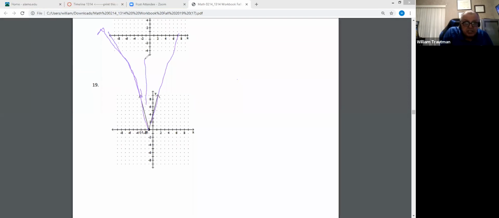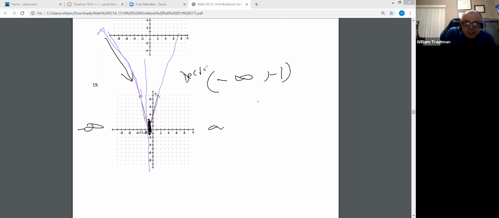So if you look at this graph from left to right, the graph is decreasing from negative infinity, right? Negative infinity is over here, and it stops decreasing at this point right here. I think that's -1. Decreasing.